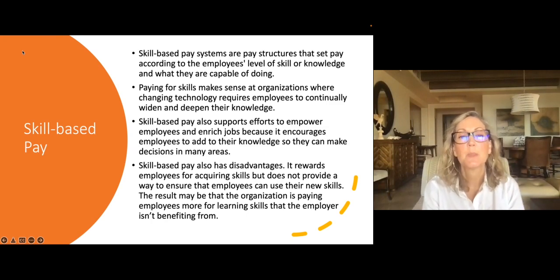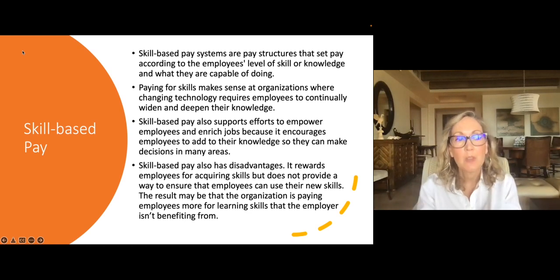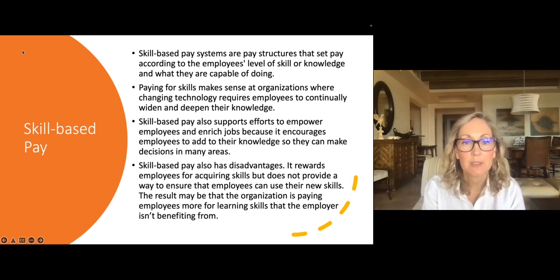In skill-based pay, we set pay according to employees' level of skill or knowledge, or what they are capable of doing. So they can assemble the bicycle, they can design new bicycles, whatever. We have these skills or abilities that we are going to pay for.